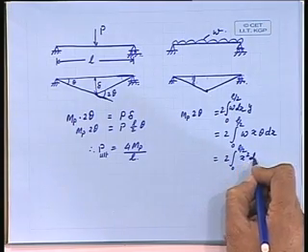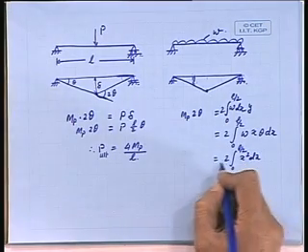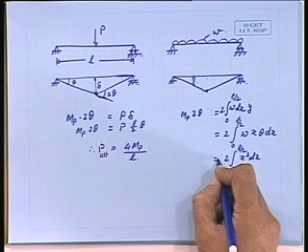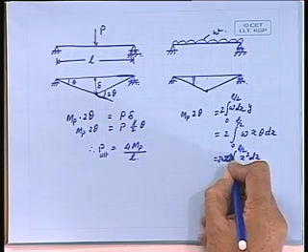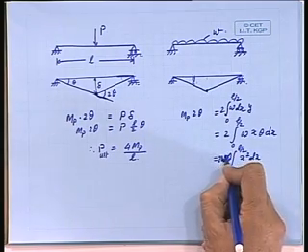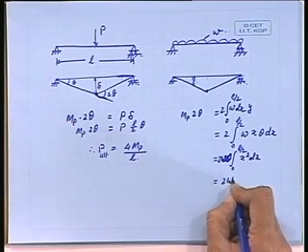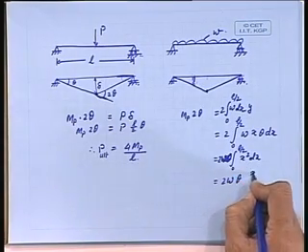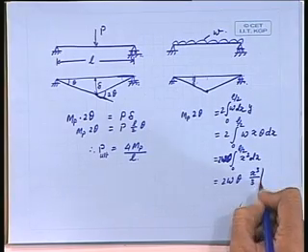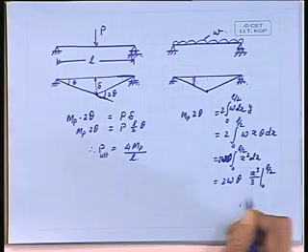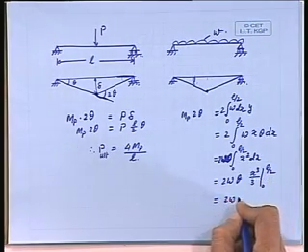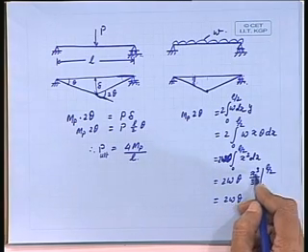X square dx, and W theta we can take out. W theta is constant, I have taken it out, and now 2 W theta, and this gives you x cube by 3. That makes it L cube.